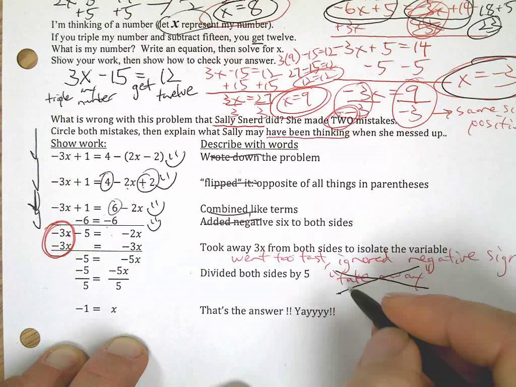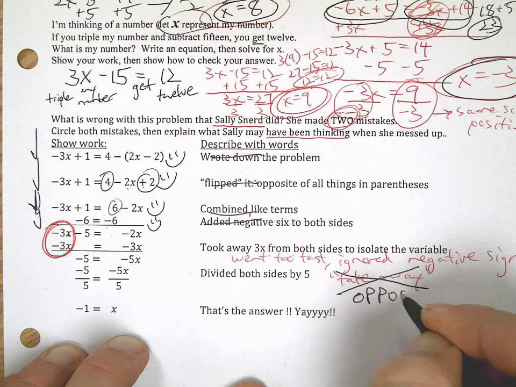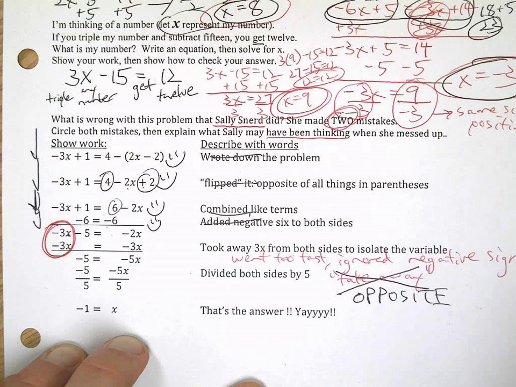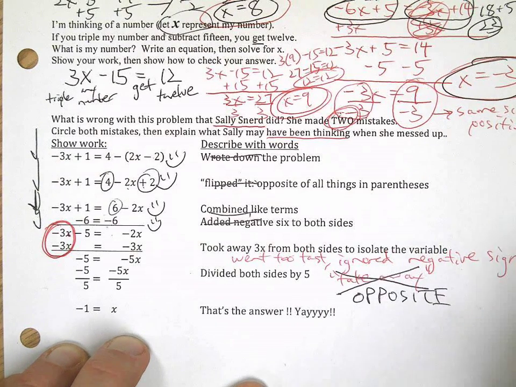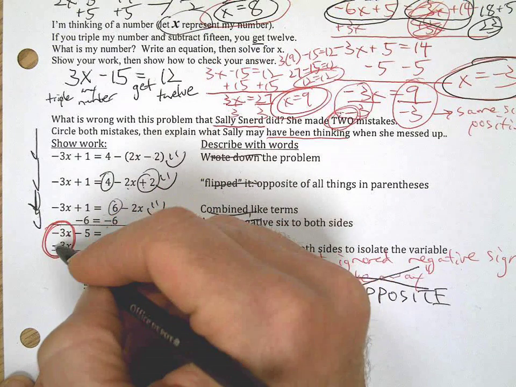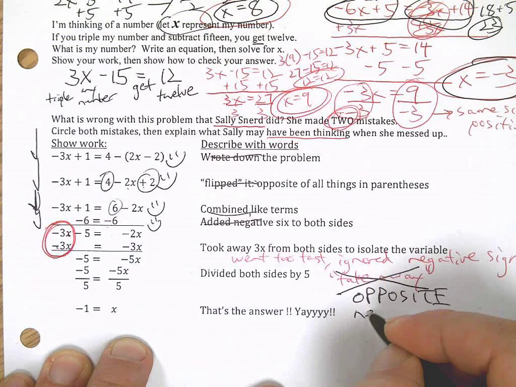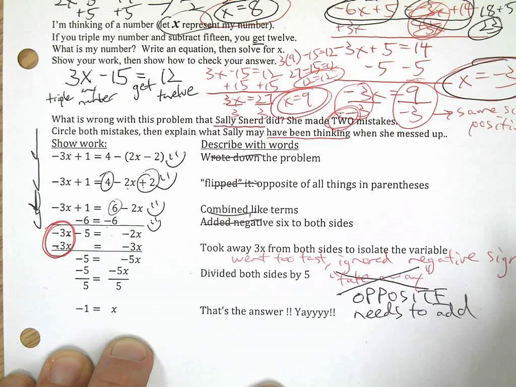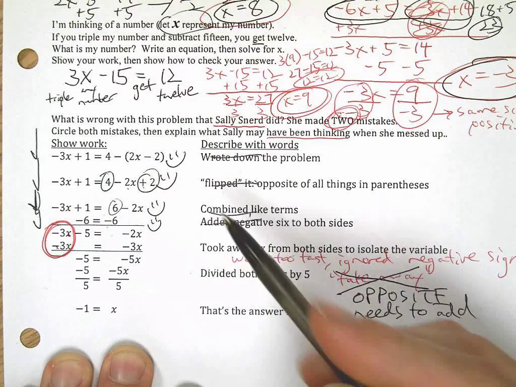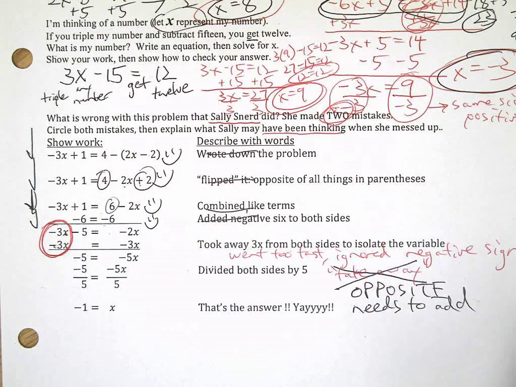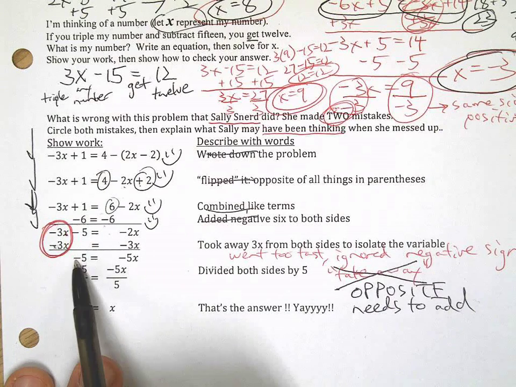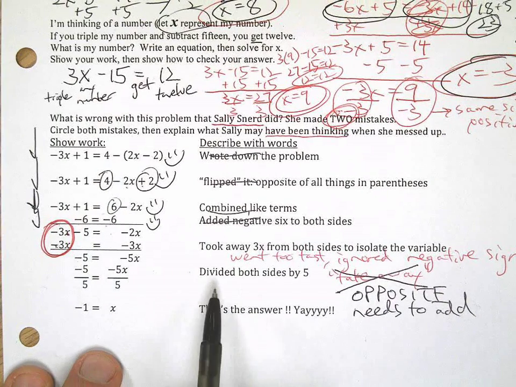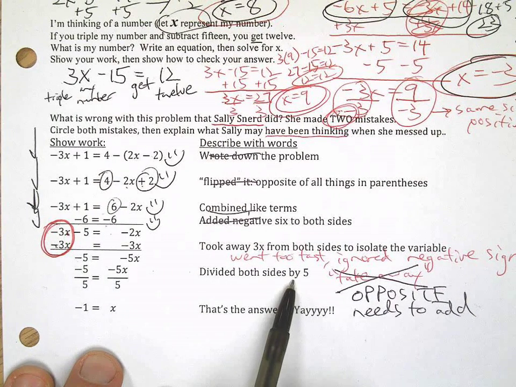But the thing is, what you really need to do is take the opposite. So sometimes that means adding, okay? So since I started with a negative, I need to add, and that's her real mistake, okay? You're not actually taking anything away here. We need to add 3 to both sides.